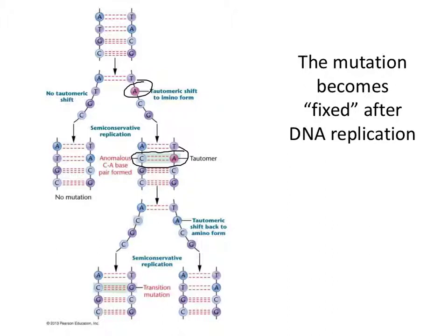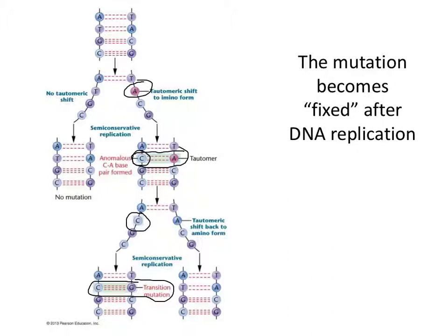That's an AC base pairing arrangement. It's non-standard. That C has been incorporated in this strand, and if that strand then persists and goes through another round of cell division, the C is there, and it remains there. And after a full round of division, it results in a mutation. In this case, it's a transition mutation. We've defined that in the previous lecture.